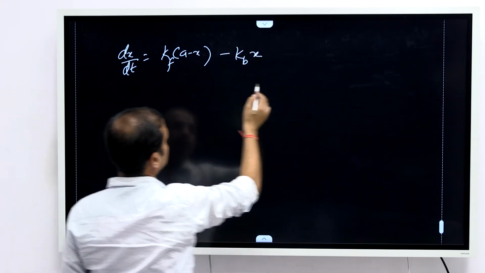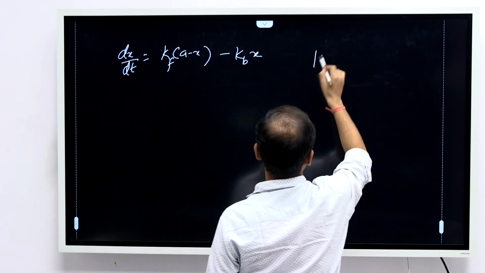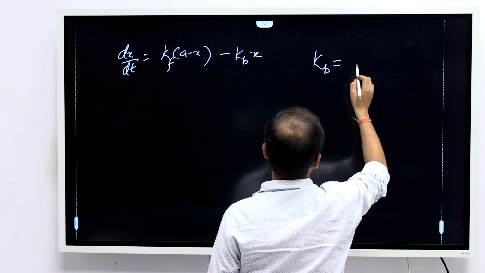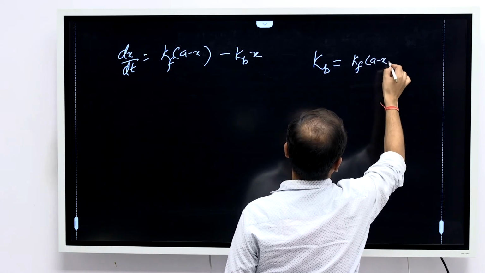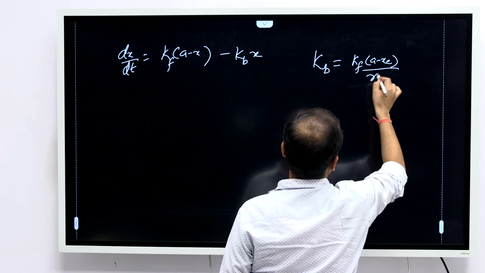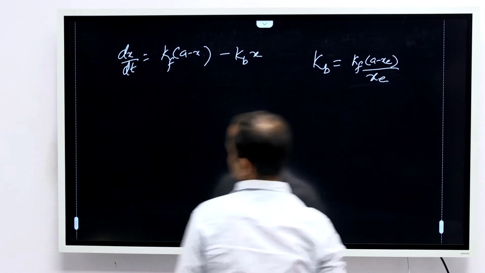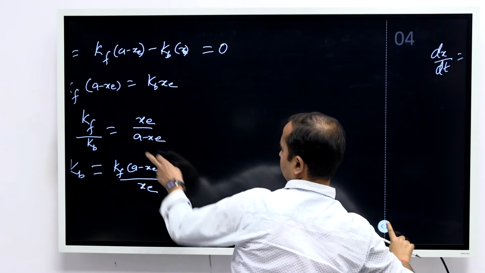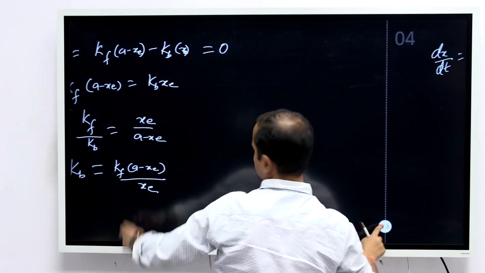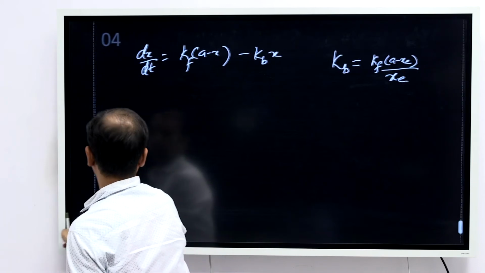The value of kb that we are going to put here is kb equal to kf into a minus xe divided by xe. From the previous slide we have found it.